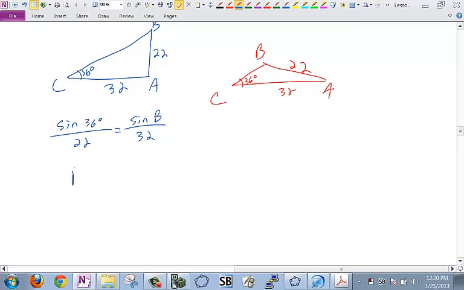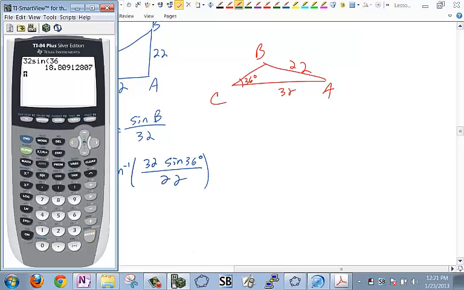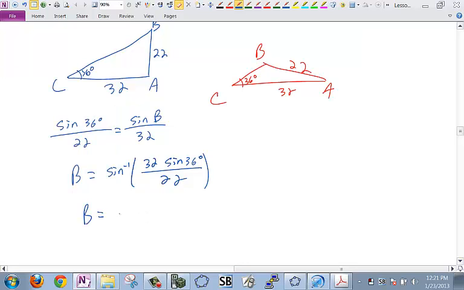So in my calculator, I'm going to type the inverse sine of 32 sine 36 divided by 22. So what is the inverse sine of 32 sine 36 divided by 22? I get angle B is 58.76 degrees.